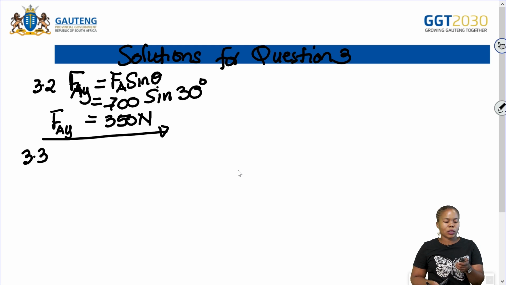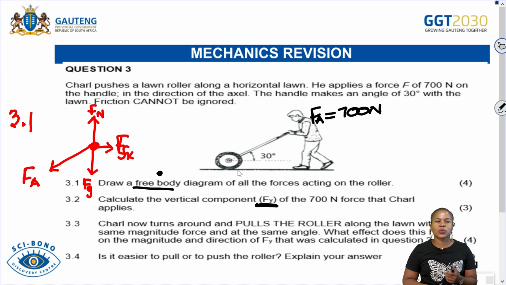Let's go back a little bit so that we check out the next question. It's saying Charles now turns and pulls the roller. So he's no longer pushing, but is pulling along the lawn with the same magnitude. So it's the same 700 newtons at the same angle, which is your 30 degrees to the horizontal.